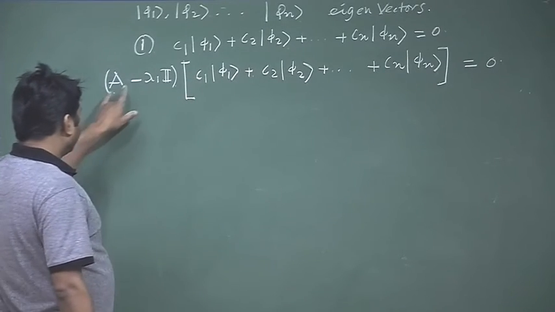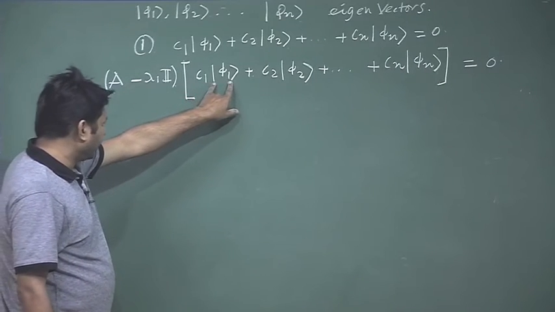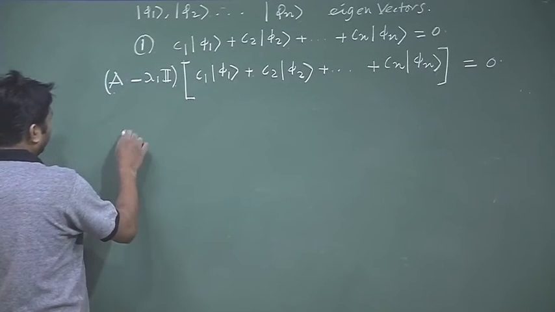When I operate, what is the value I will have?